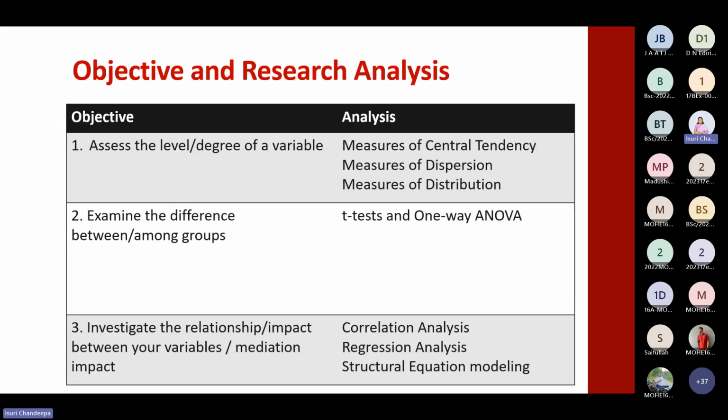Otherwise, my objective is to identify the level, but I have used the correlation analysis to identify the level. Totally wrong, a major error. Don't make major errors. Clearly understand: if you are going to do analysis, you need to identify your objective and what kind of variable you are going to collect.